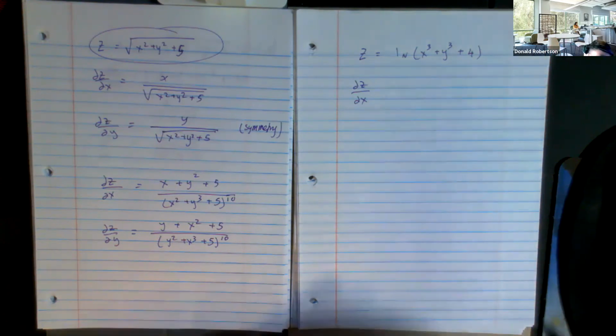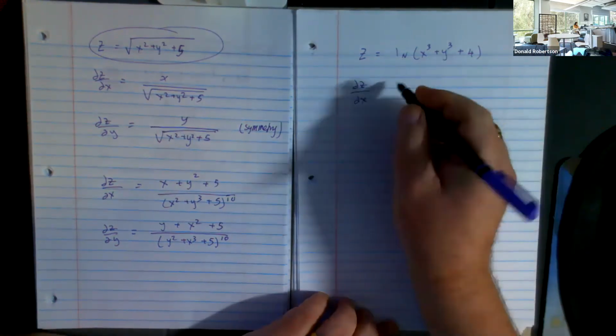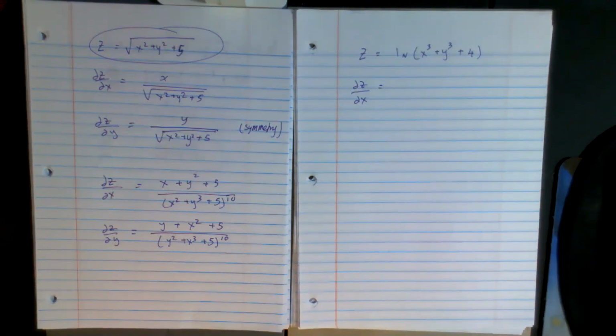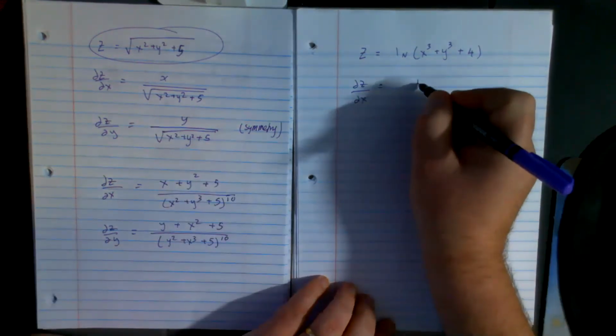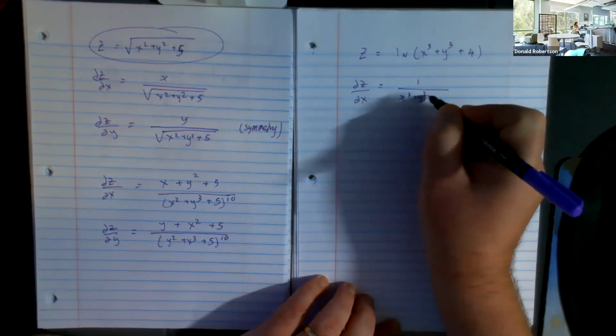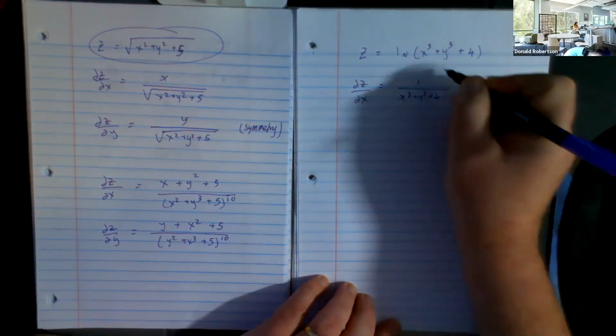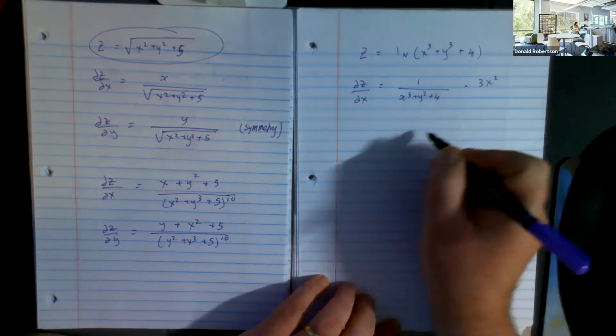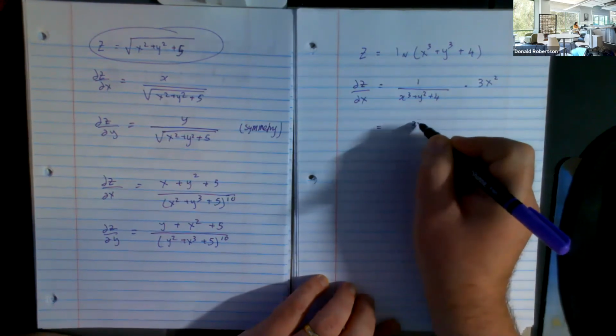So here goes. If you want to differentiate a natural log, isn't this a chain rule? And differentiating a log gets you 1 over the thing times the derivative with respect to x. Not a lot of style points here.